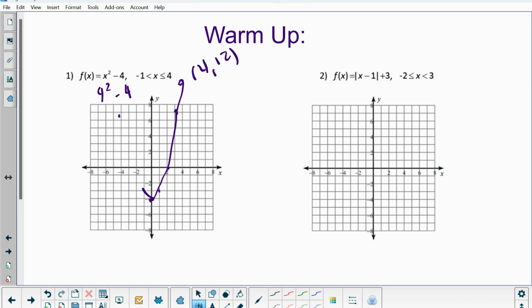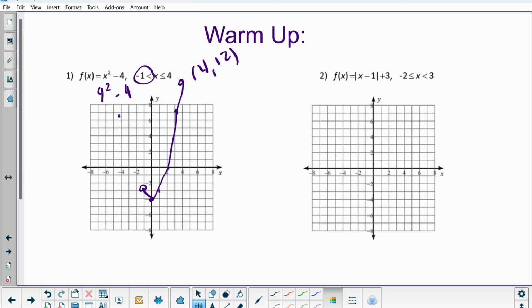So if you're thinking it doesn't look right, Miss Casey, that's because my graph doesn't quite fit there. And then there should be an open circle here because this -1 is less than and not less than or equal to. All right, so there's the first one.